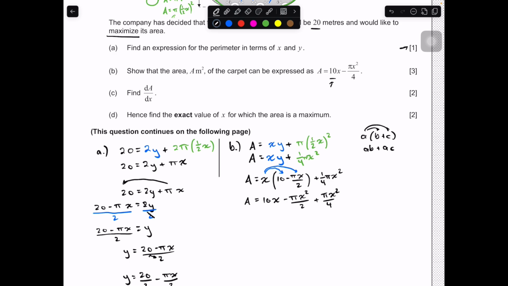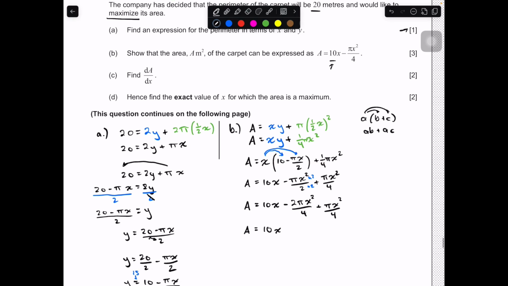Okay, let's create a common denominator between these two. So area is equal to 10x minus, and we multiply the top and the bottom by 2 to create a common denominator: negative 2 pi x squared over 4 plus pi x squared over 4. This is some pretty heavy algebra for an applications and interpretations course, I think.